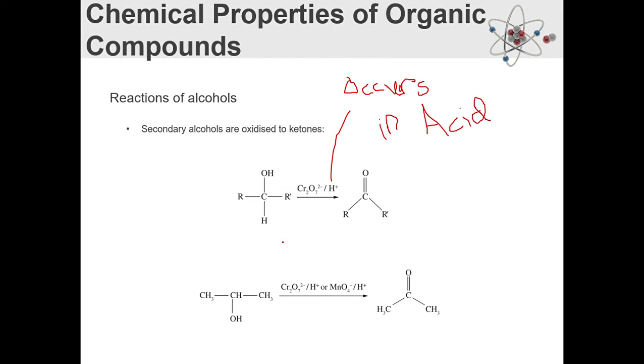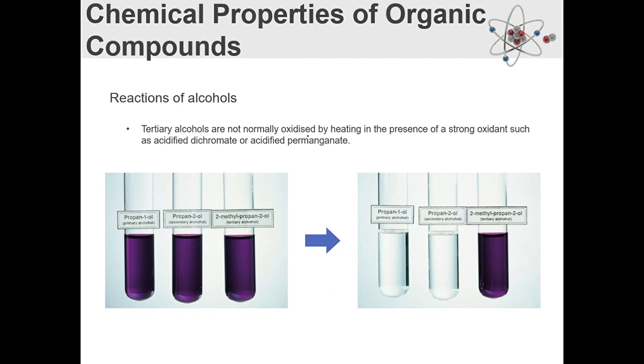So, whenever you have anything like this, it has to be an acidified solution of chromates, or here an acidified solution of manganate. So, tertiary alcohols are not normally oxidized by heating because they're just less accessible.